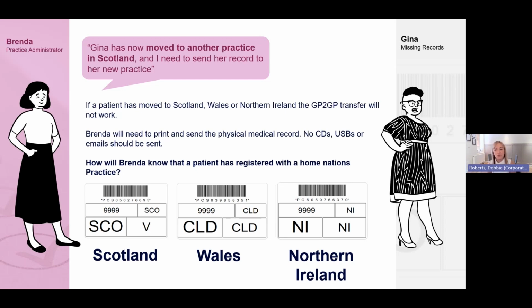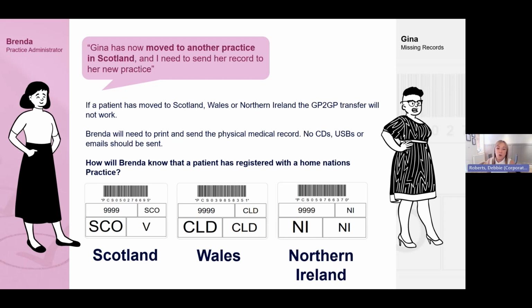We also strongly advise that when you are sending any records, you don't send any CDs or USBs, and don't email the records to anybody. The reason we say don't send any CDs is, number one, they can be damaged in transit, they can be easily corrupted, leading to a loss of data, and not all organisations will have access to CDs, USBs and things like that.